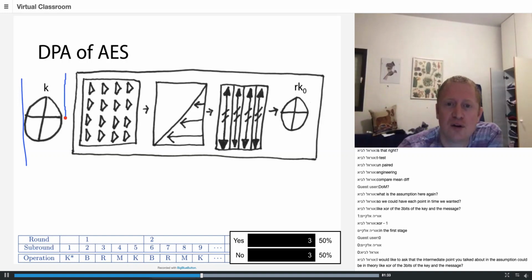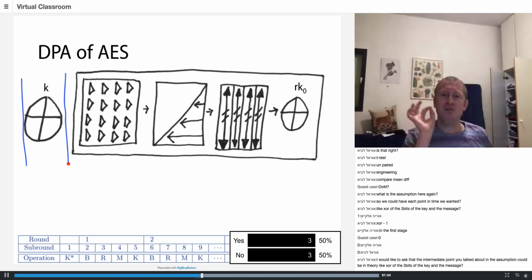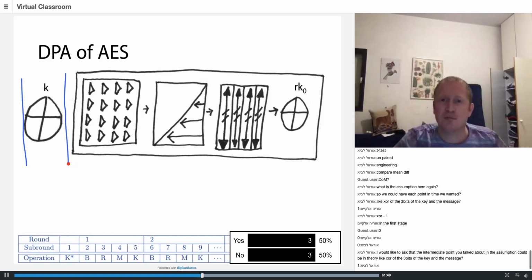The first thing I do is add key. I XORed the key to the state. Now, think carefully and tell me, how many bits of the key affect the first bit of the state, bit number 1 of the state?